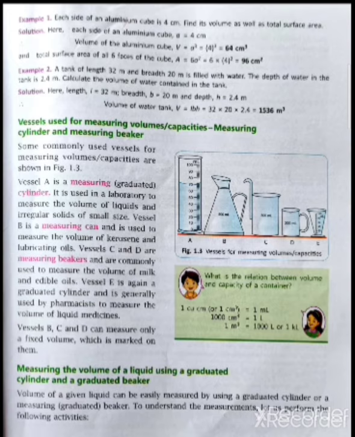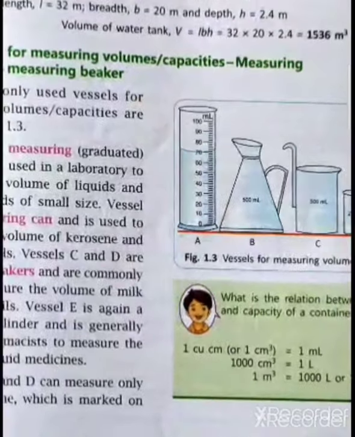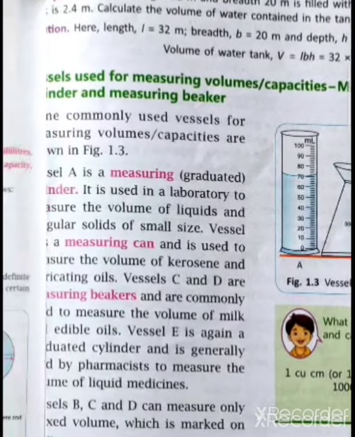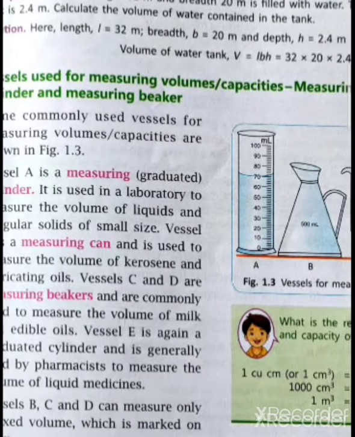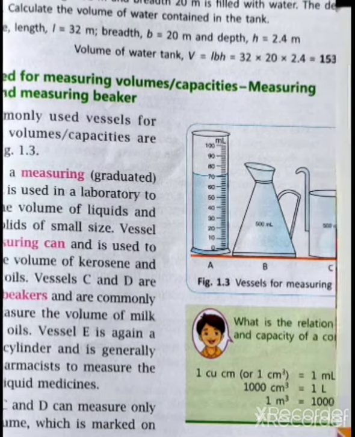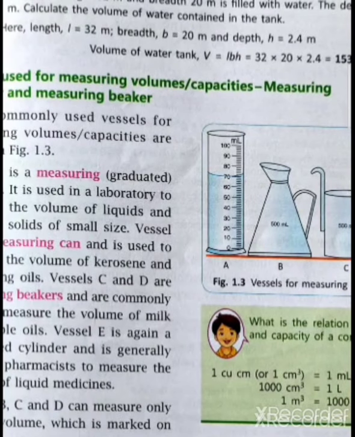In the next question we are going to calculate the volume of a water tank. The dimensions are given as below. The length is 32 meter, width is 20 meter, and depth is 2.4 meter. What is the volume of the water tank?